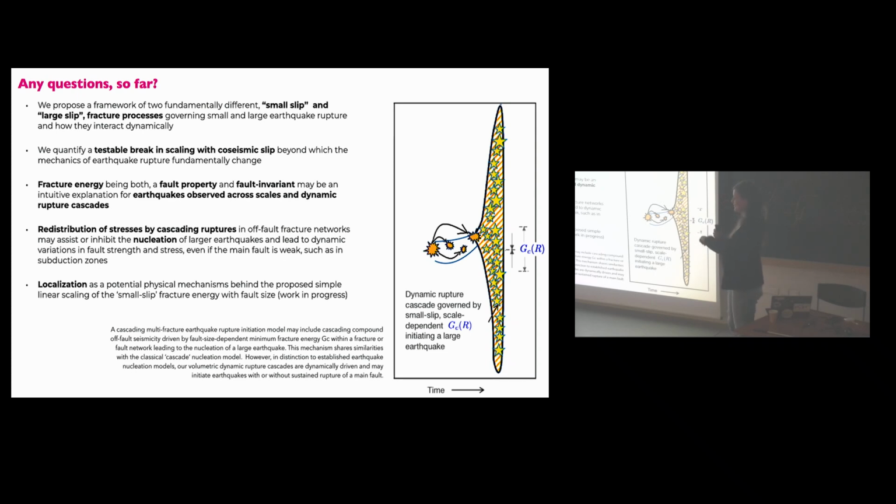Any questions so far? I'm not sure I get to everything, but any questions so far about this part? Yeah? It's very interesting. I mean, I read a paper, but I always had this question, the G prime. I never measured the G prime myself, but I measured stress drop, and I know how uncertain that is.